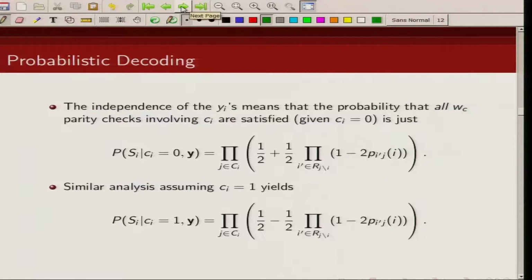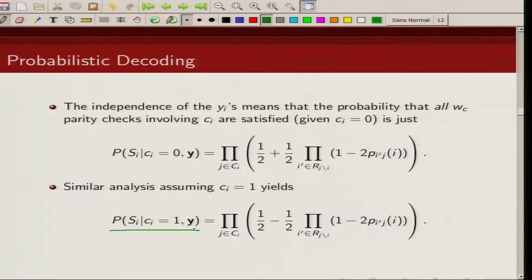And I can follow the same logic to find out the probability when Ci is 1. When Ci is 1, the other bits should add up to have an odd parity, and that is given by this expression, and this should hold for all WC parity check equations. So this is assuming independence, I can multiply each of these probabilities.